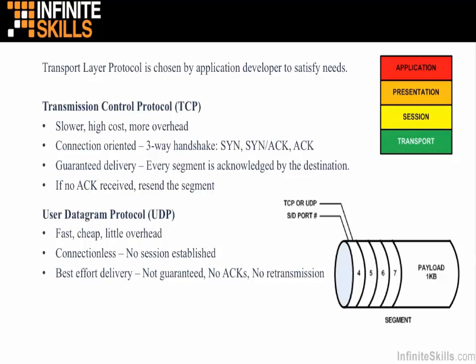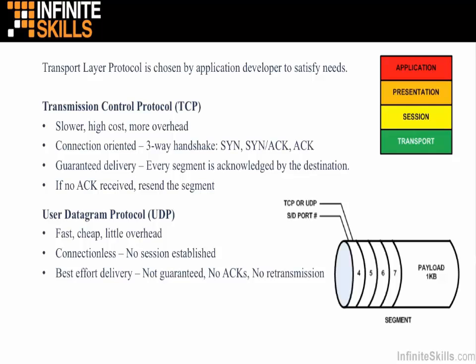Now, the guaranteed delivery comes by the positive acknowledgement that the recipient must send for every segment he receives. So when the recipient understands they've established a TCP session with the sender, every segment that arrives, the recipient will process it up the stack to layer 4, verify that the payload looks like it's intact, and then at that point send an acknowledgement frame back to the sender for this segment that was just received successfully.